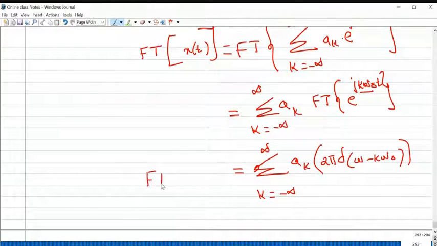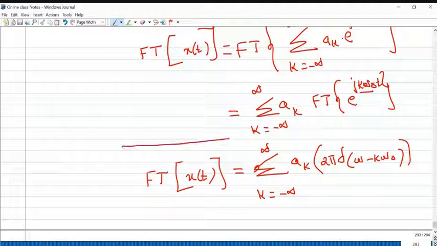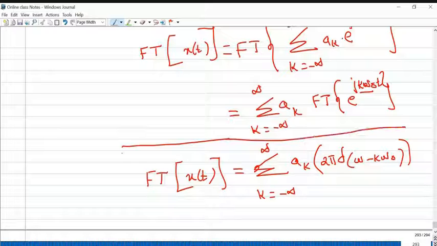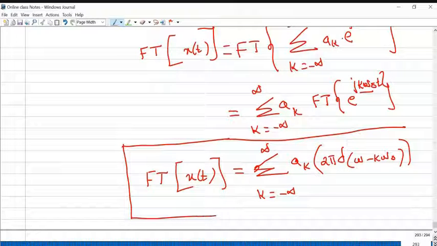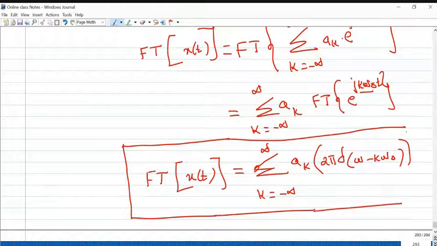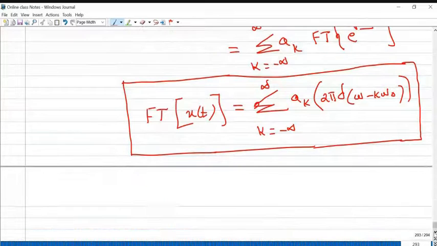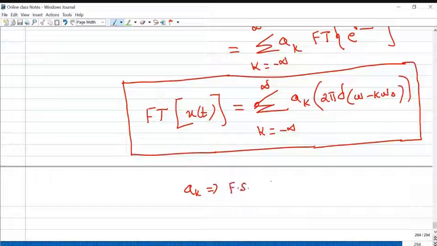For the Fourier transform of a continuous time periodic signal, you have to use this formula only, not the integration of x of t e power minus j omega t dt formula. Please remember this.